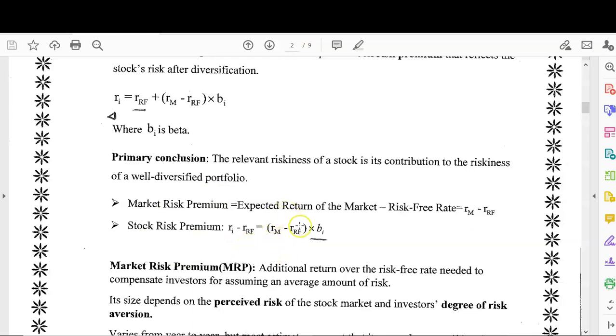It equals market risk premium multiplied by beta. So these are two really important concepts: market risk premium and stock risk premium. And beta is connecting these two concepts.